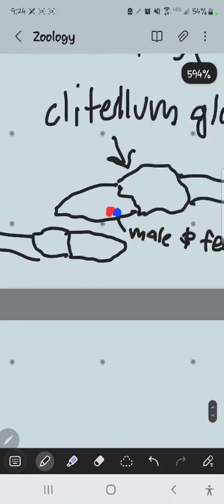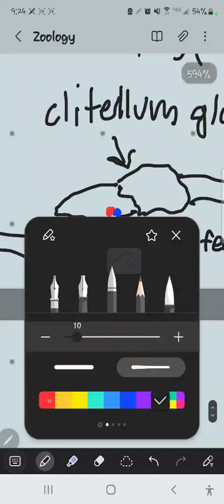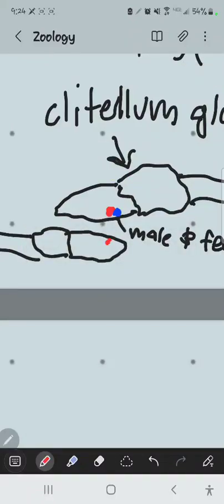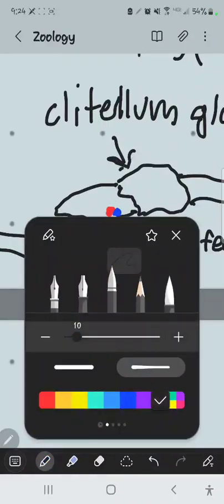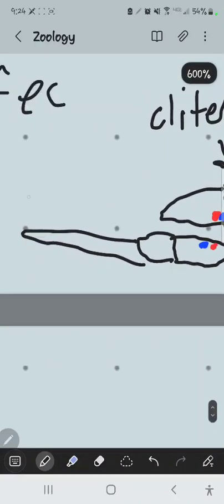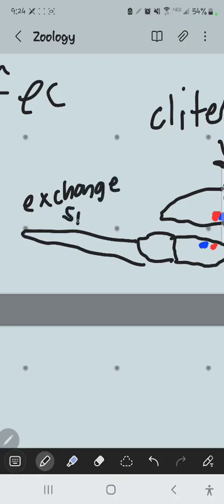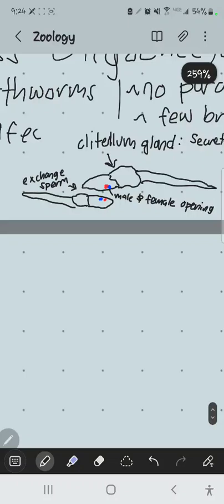But basically, the male opening of one worm lines up with the female opening of the other worm, and vice versa, and so they exchange sperm. And then after they exchange sperm, they fertilize their eggs, and then they'll dump their eggs out.